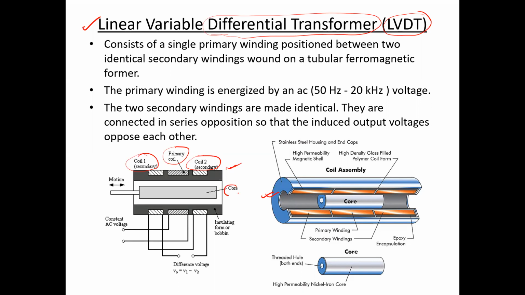So this is that iron core. And this is the primary winding. This is, suppose, secondary winding 1. This is secondary winding 2.